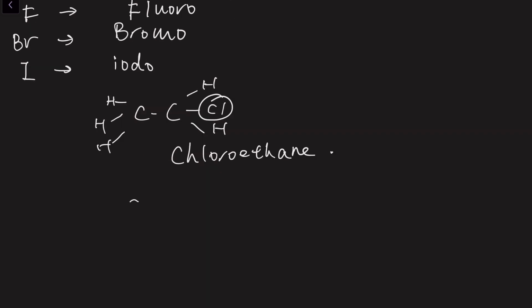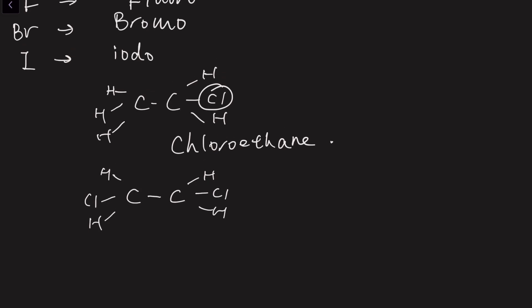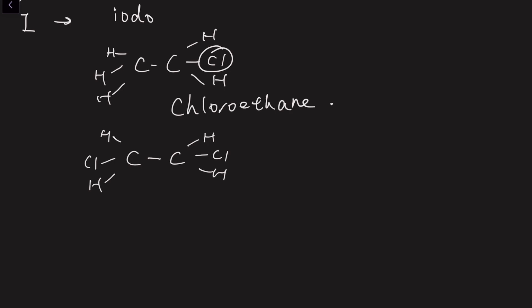Of course, we can also replace two of the hydrogens, something like this. And this will be named very similar to what we have discussed before when we had different positions of double bonds. It's called 1,2-dichloroethane. So 1,2 indicates that a chlorine atom is at both carbon 1 and carbon 2.